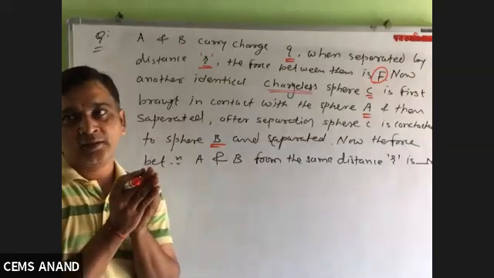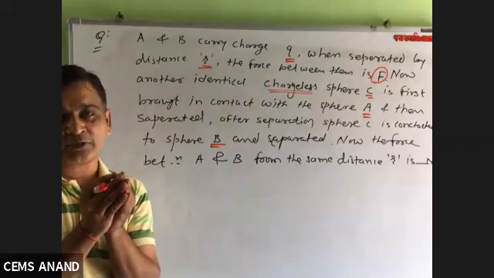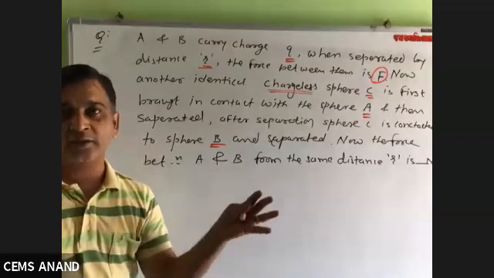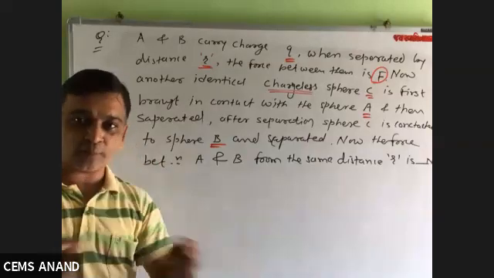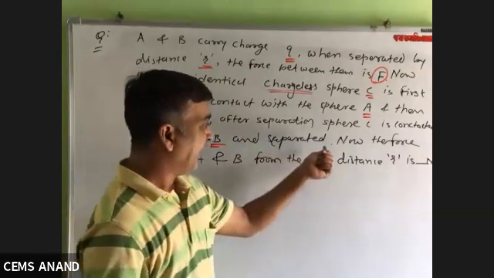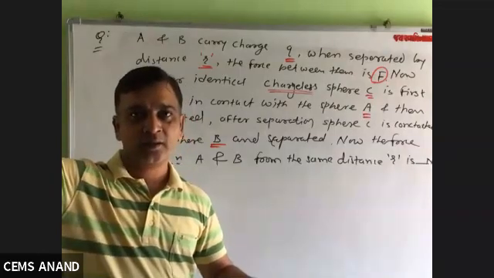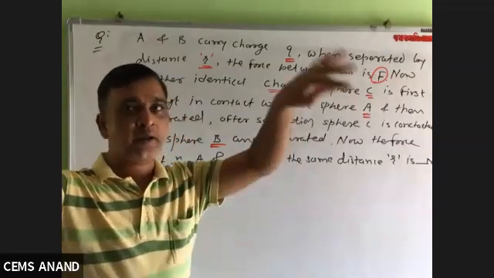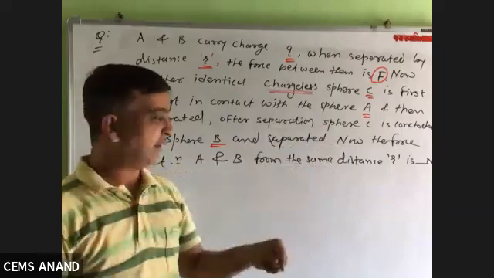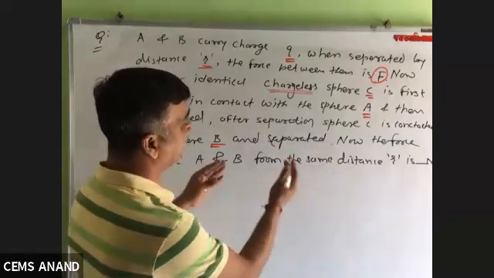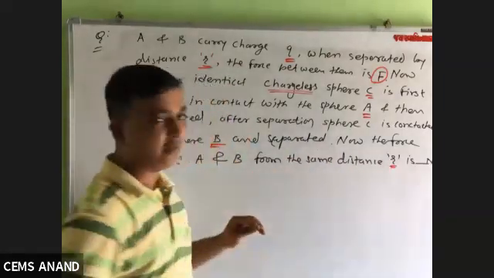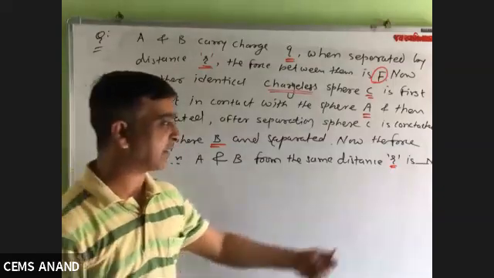That's why the addition of charges takes place first, and then on separation, the total charge divides into equal parts. So now B has some new charge, A also has some new charge, and they are once again brought near at a separation of distance r.